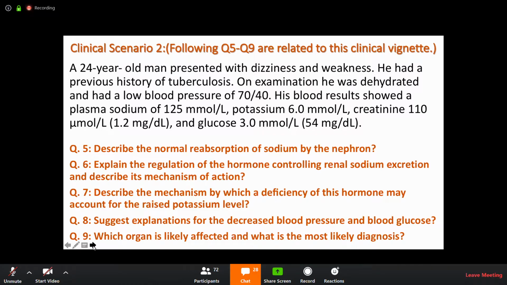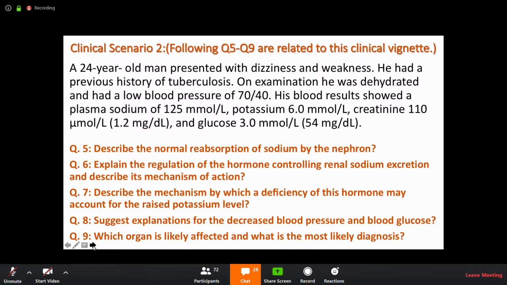He has a low blood pressure of 70/40. Those of you who've done the CVP block know 120/80 is the usual figure. What could possibly indicate a low blood pressure? I'll come to that question in a second. You think about that as I speak.